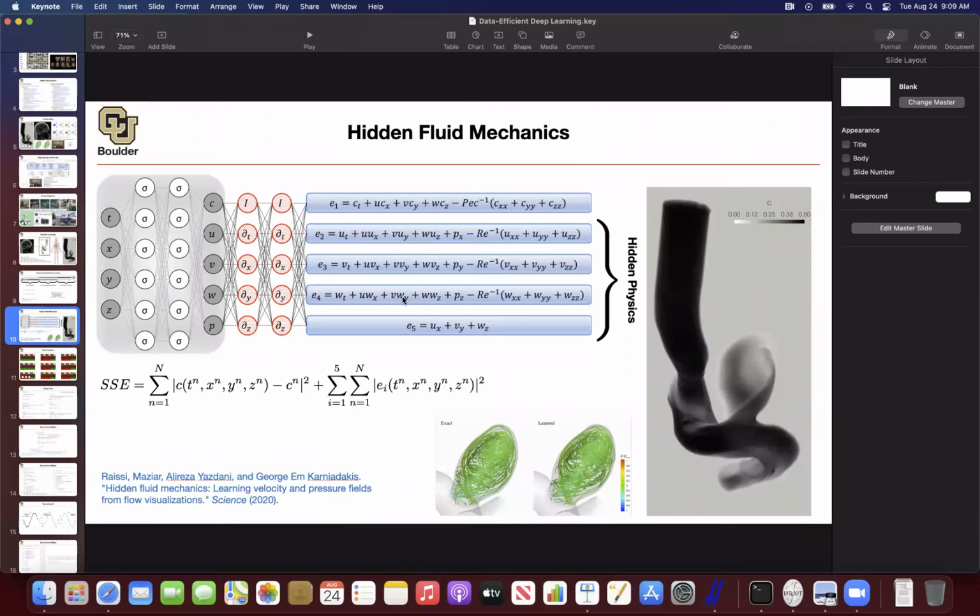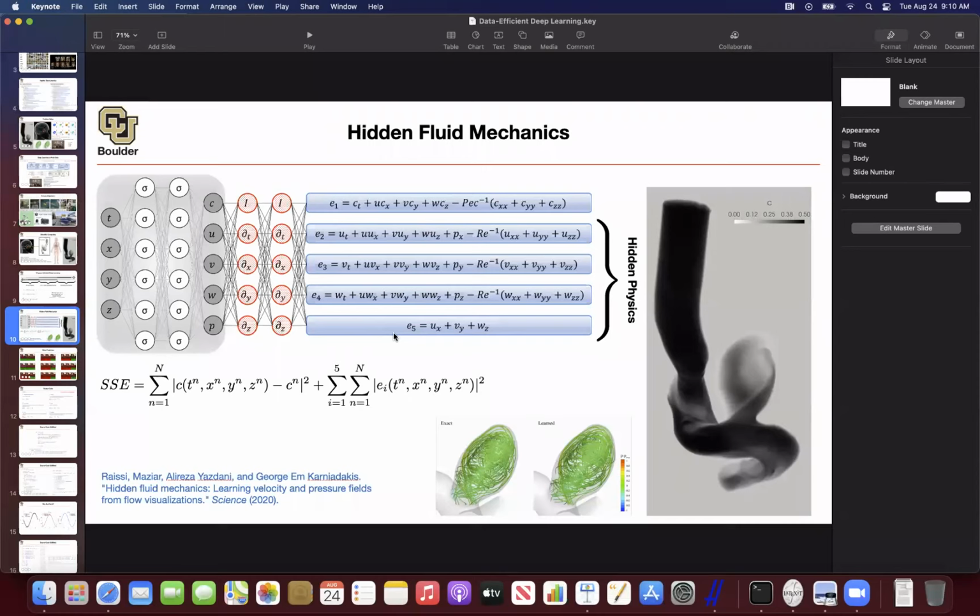For example, the Navier-Stokes equation. Yeah, so this is exactly the hidden physics of the problem. There is conservation of momentum. You express them in terms of partial differential equation, not their integral forms. And then there is going to be conservation of mass. And this is how you're going to represent them.